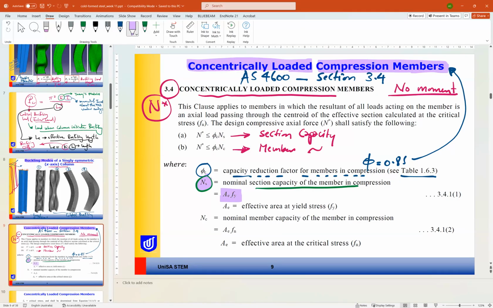Fy is the yield strength, 450, 500, or whatever the value is, based on the grade of the steel. A effective is the effective area at yield strength. This comes from the capacity tables.